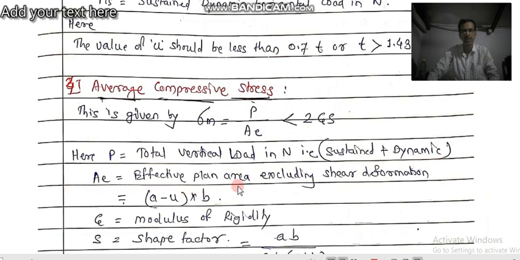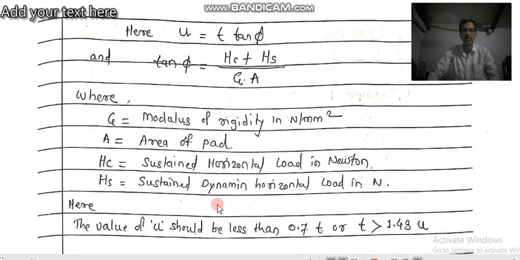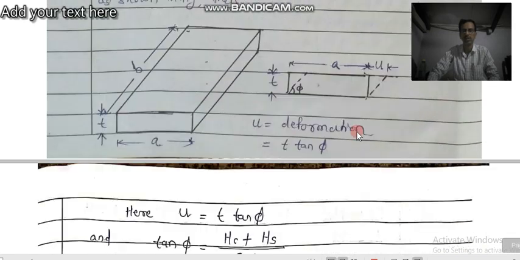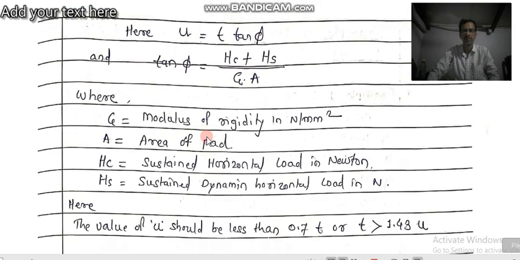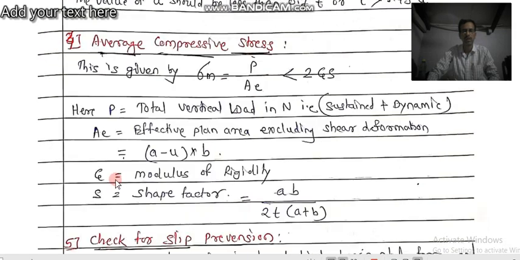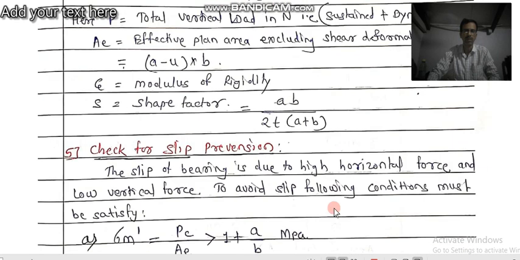A is the effective plan area excluding shear deformation, and it is equal to (A minus U) multiplied by B. So here U is nothing but the deformation. So (A minus U) multiplied by B is the effective plan area. G is the modulus of rigidity, already explained, and S is the shape factor, which is given by AB divided by 2 times T multiplied by (A plus B).